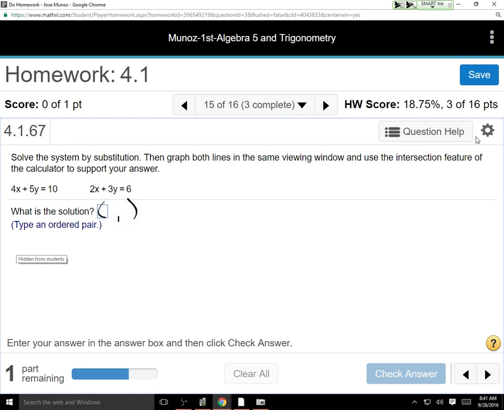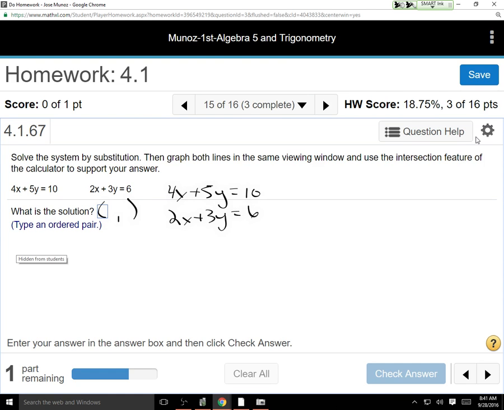Do I do it with the calculator or by hand? This was Callie's question, so I'm going to let her choose. Okay, let's do this. There's the first one, and then you got 2x plus 3y is 6.